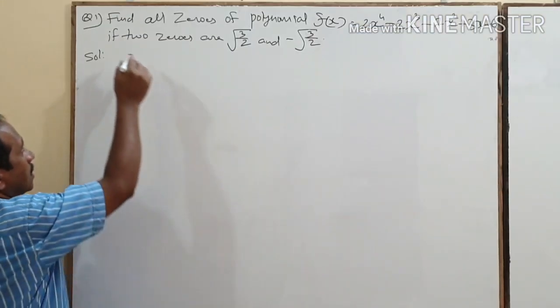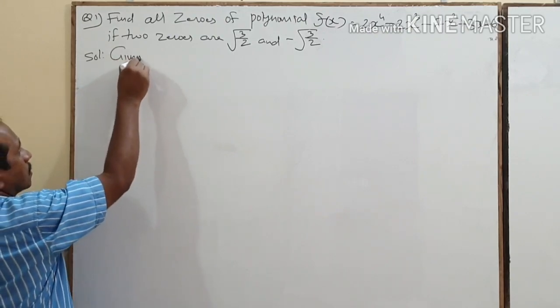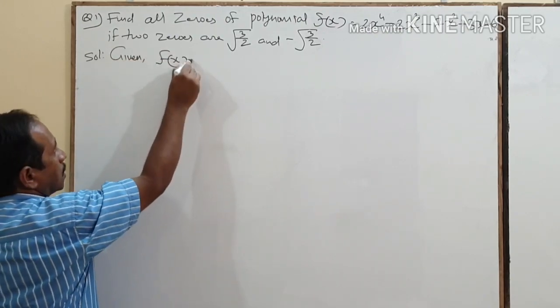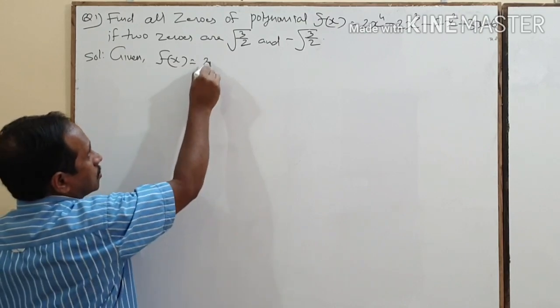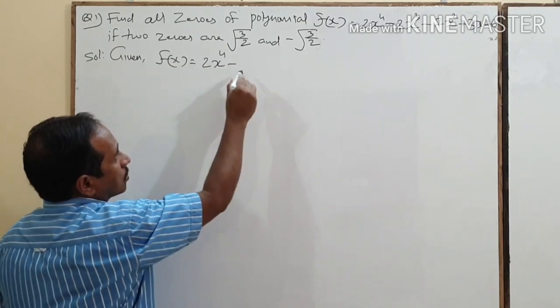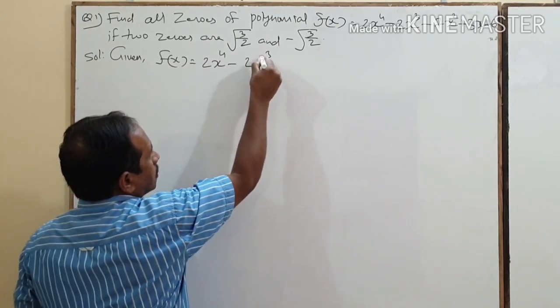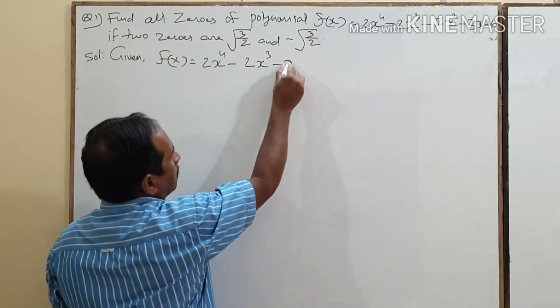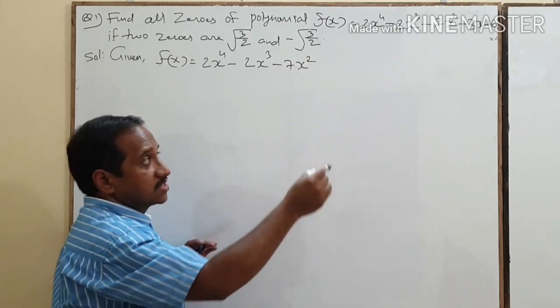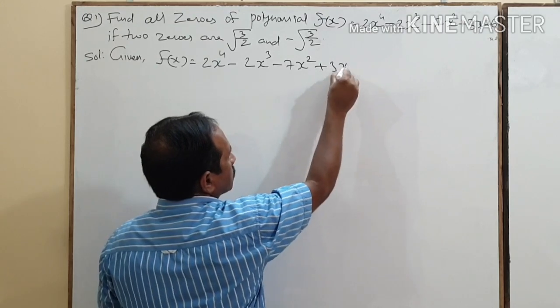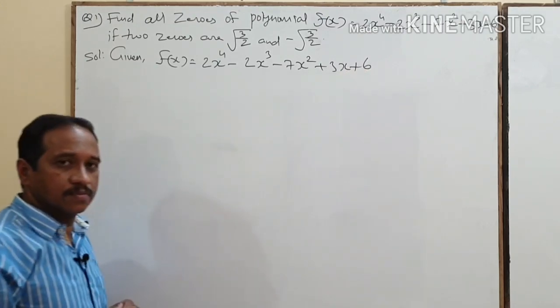The given polynomial is f of x is equal to 2x raised to 4 minus 2x cube minus 7x square plus 3x plus 6.